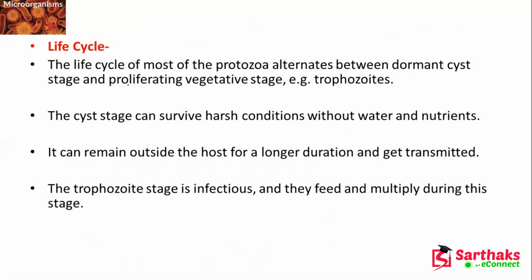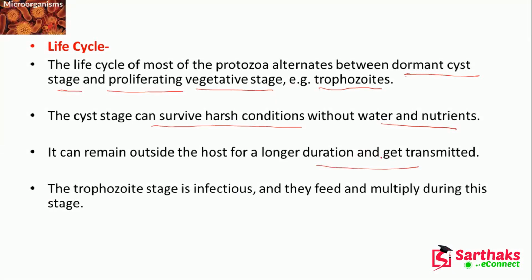The life cycle of most protozoa alternates between a dormant stage and a proliferating vegetative stage, for example the trophozoite. The cyst stage can survive harsh conditions without water and nutrients, and it can remain outside the host for a longer duration and get transmitted.